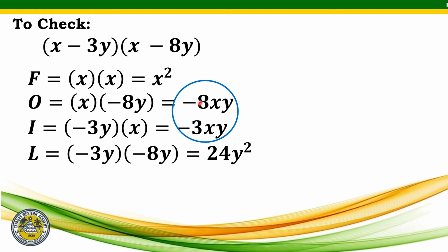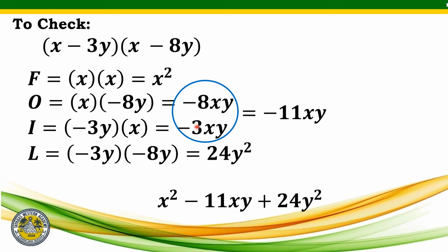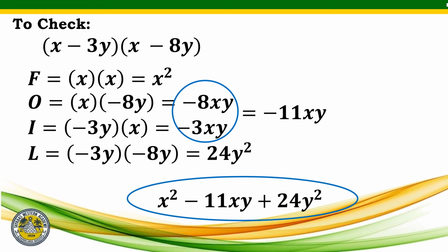So negative 8xy plus negative 3xy is negative 11xy. So copy lang ang variable, ang ina-add lang or sinusubtract ay numbers. So i-write lang natin, magkakasunod x squared minus 11xy plus 24y squared. So correct yung ating solution.